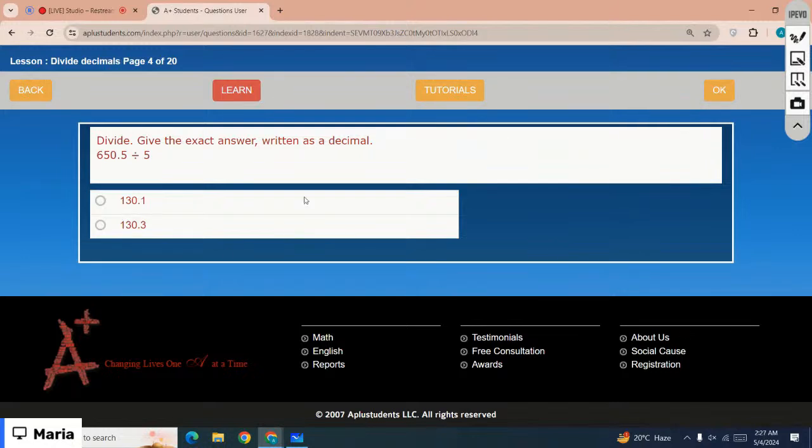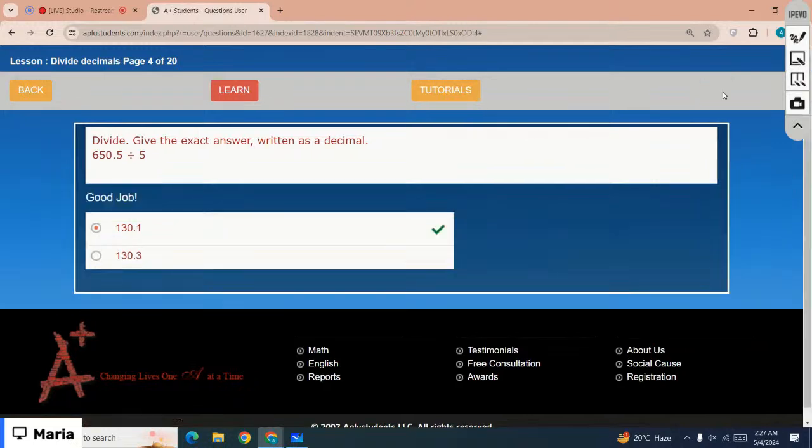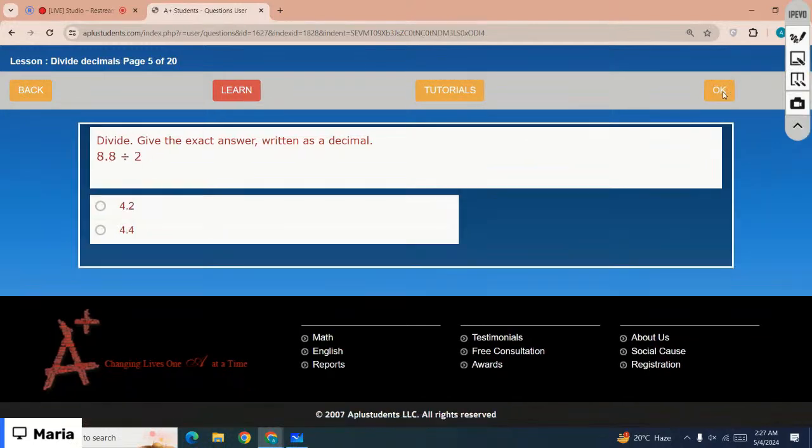130.1 is the correct option. Option number 1 is the correct option. 8.8 divided by 2 equals, the correct option is 4.4.